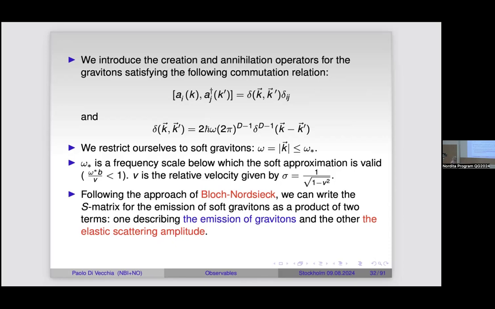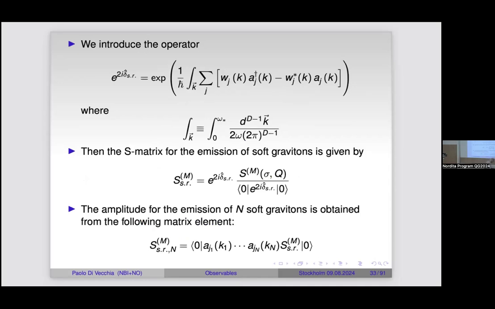Then I follow the approach of Bloch-Nordsieck: the S matrix is given by the product of the part which describes the emission of soft gravitons and the part which describes the elastic scattering. So we introduce this operator, where this integral is this one, and then the S matrix for the emission of soft gravitons is given by this quantity here.